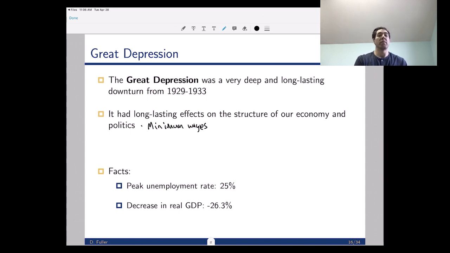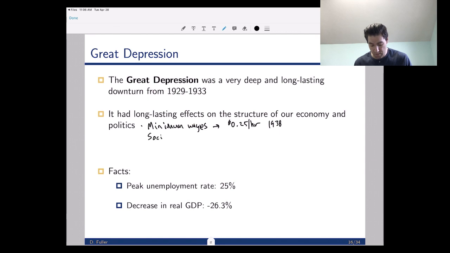And so the federal government said, we're going to institute a minimum amount that you can pay a worker per hour. As you remember, that started off at 25 cents an hour in 1938. We had computed that to real numbers and found it to be somewhere around $4 per hour today, equivalent, a little bit less than that. And so minimum wage laws were something that came out of the Great Depression.